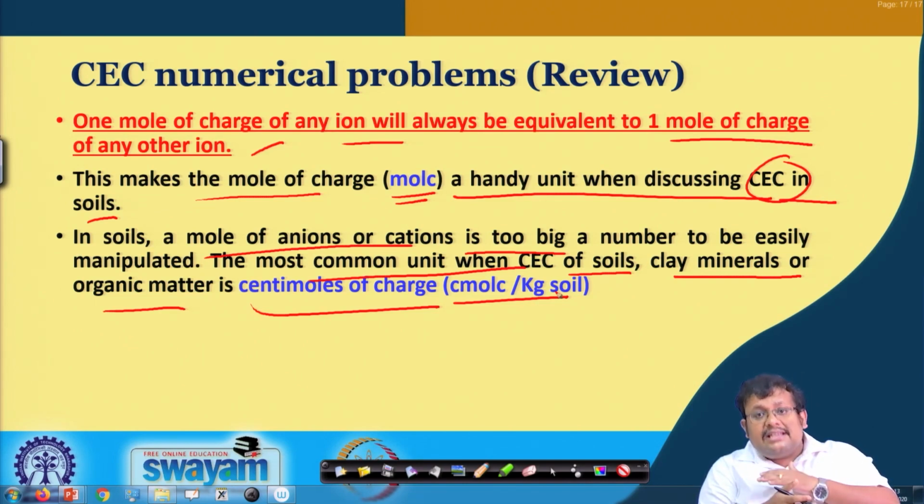Since the mole is a bigger unit that is difficult to manipulate while calculating the cation exchange capacity in the soil, the most common unit is the centimole of charge, which is 1/100th of a mole of charge.